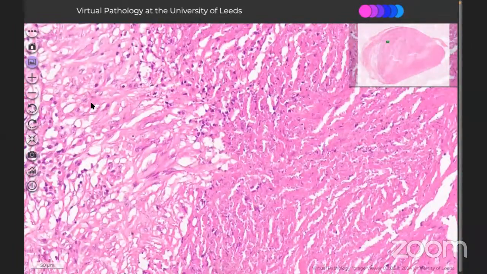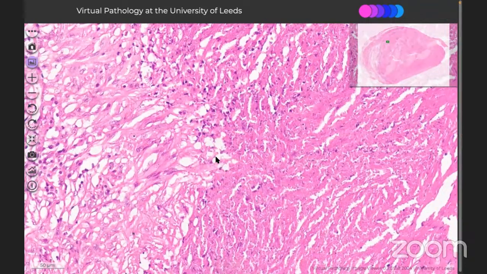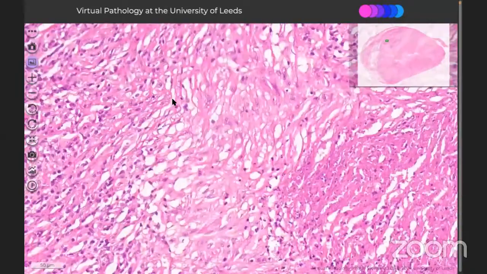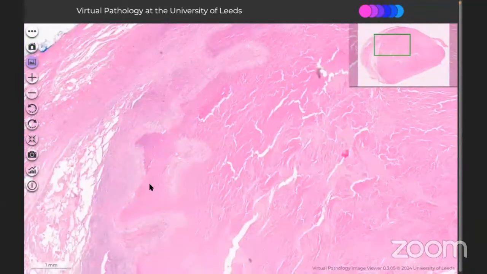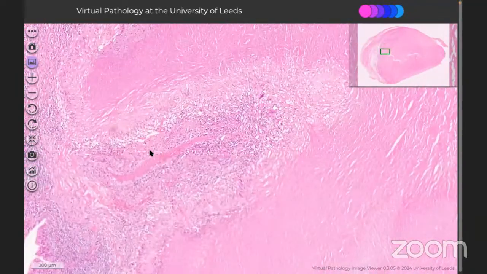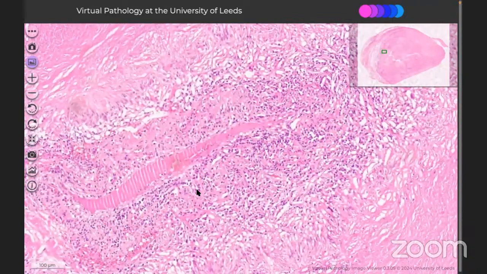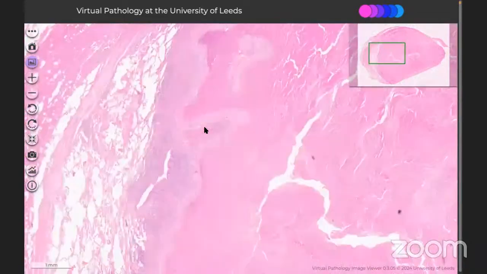Okay, they are kind of palisading histiocytes, and there are few necrotic debris. These are the karyorrhectic debris that is seen at the periphery of the necrotic lesions. Okay, and there is one vessel which is having a dense inflammation, so vasculitis is there.